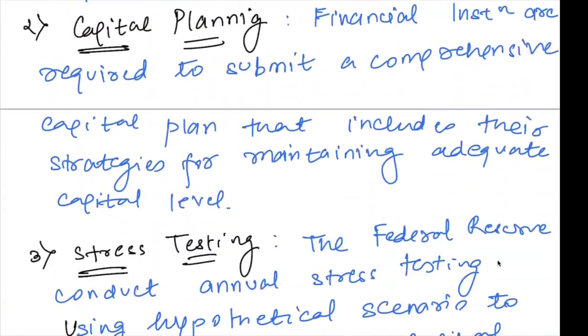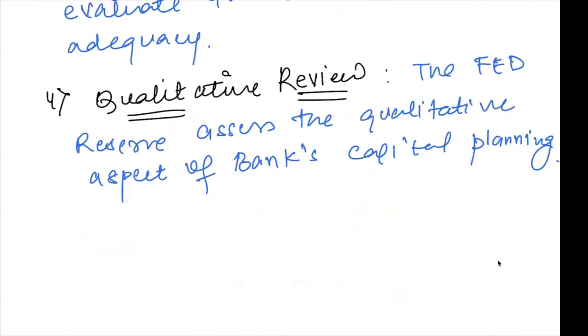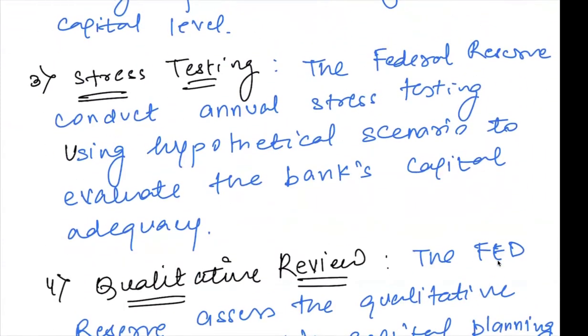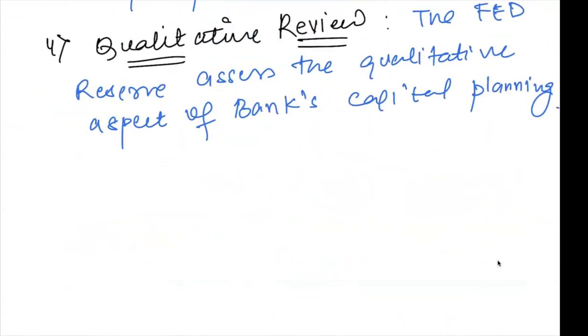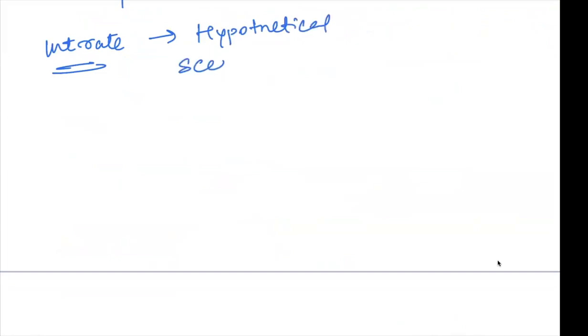This is kind of new for me. Okay, thanks. So stress testing I'll cover in detail when we go through the model life cycle. But in general, let's say interest rates. The Federal Reserve will give hypothetical scenarios to the bank.